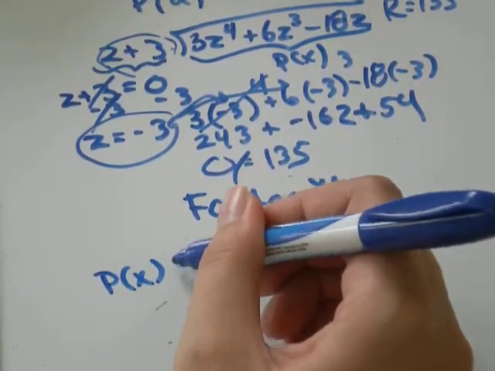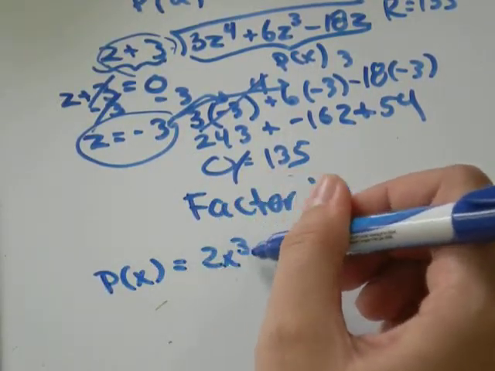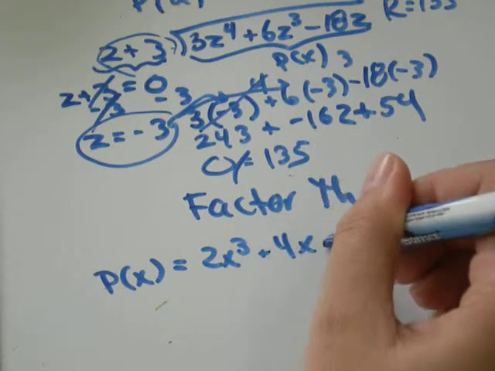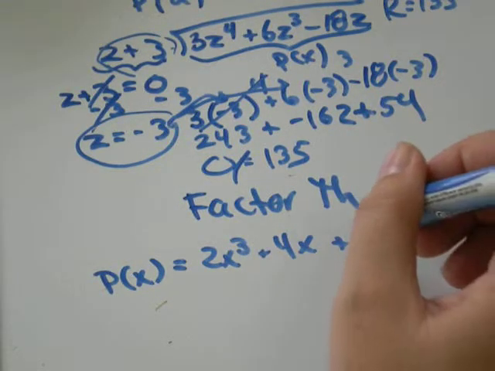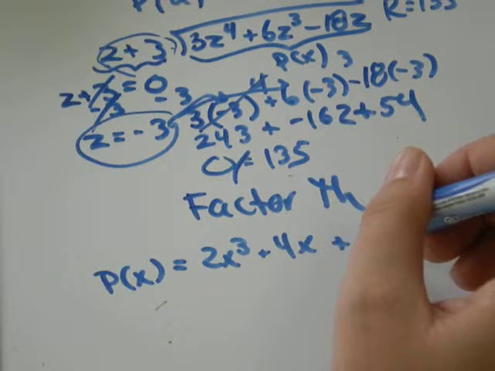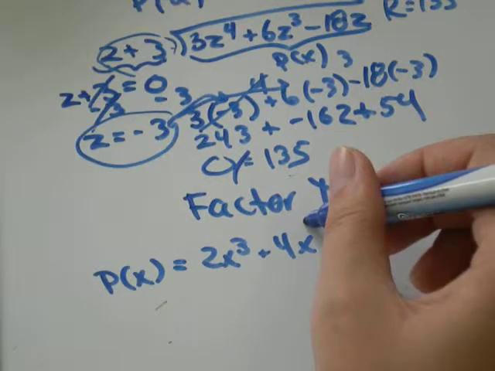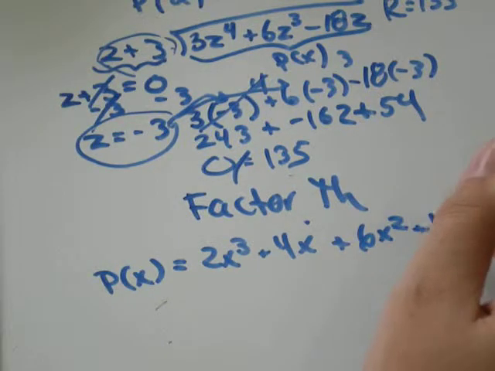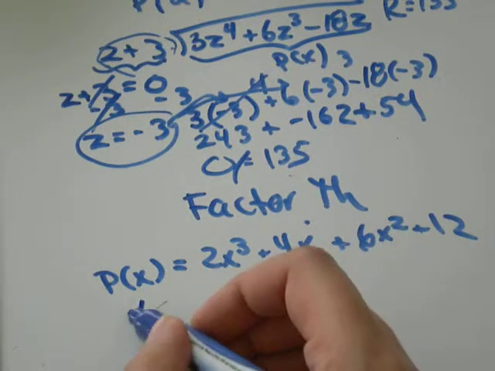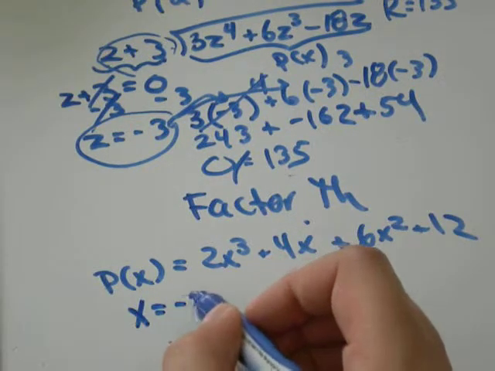We've got p of x is equal to 2x cubed plus 4x plus 6x squared plus 12. And I want to figure out, is x plus 3 a factor?